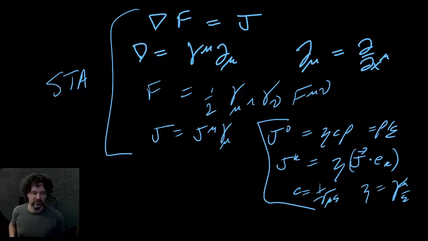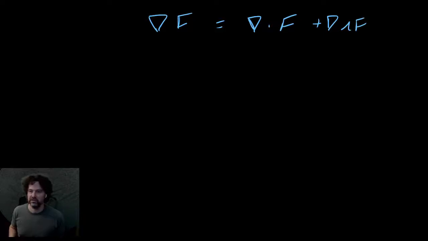Now we're going to go to differential forms. So we're going to start with grad F is grad dot F plus grad wedge F equals J. Now, F is a bivector, space-time gradient is a vector.